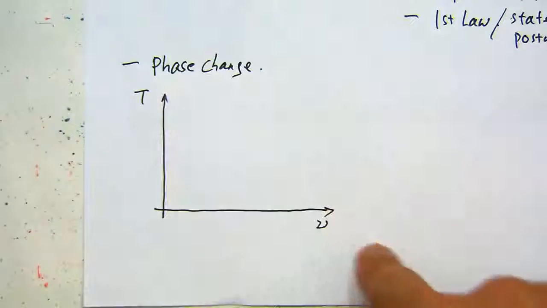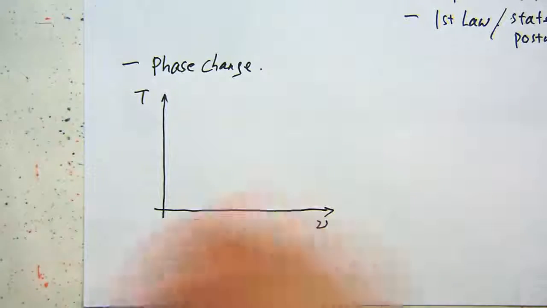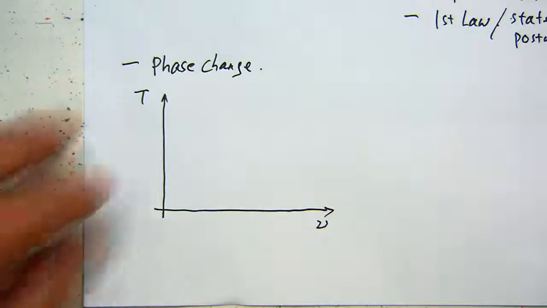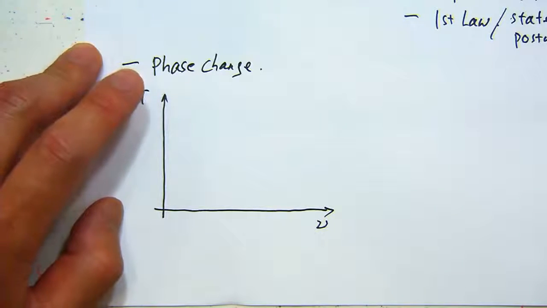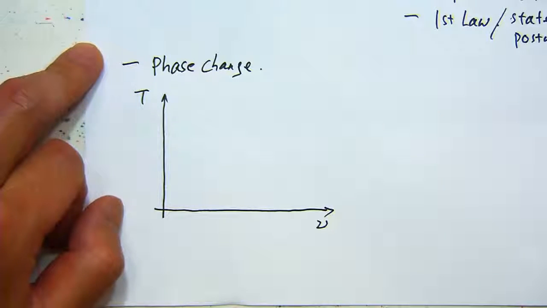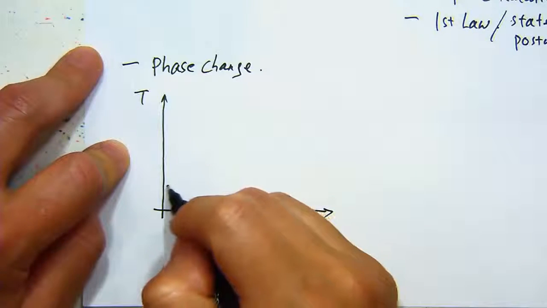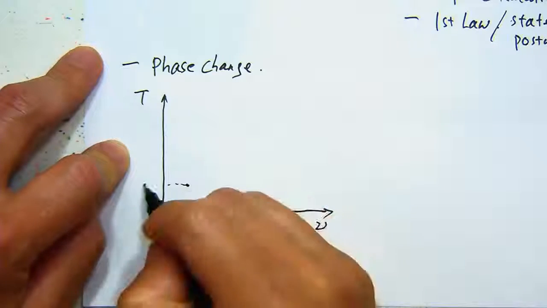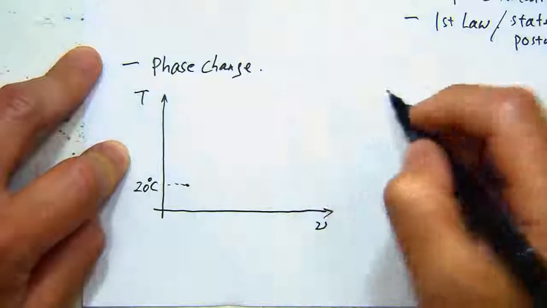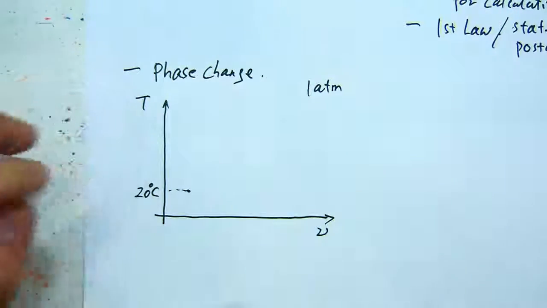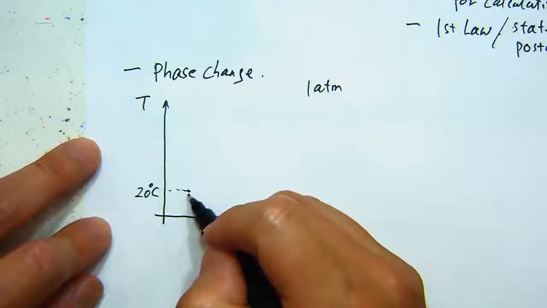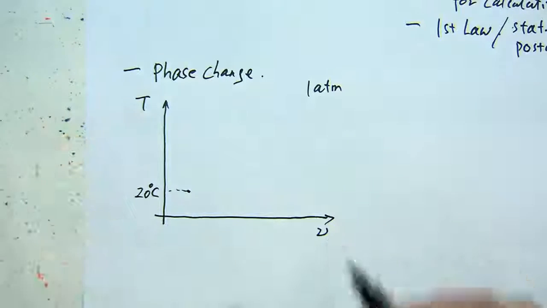Later on, we will convert this to the TS diagram, which is in a similar shape. So for the phase change, if we have water at room temperature and we want to turn it into boiling water, let's say we start here at 20 degrees C, at 1 atm, at a certain initial volume.